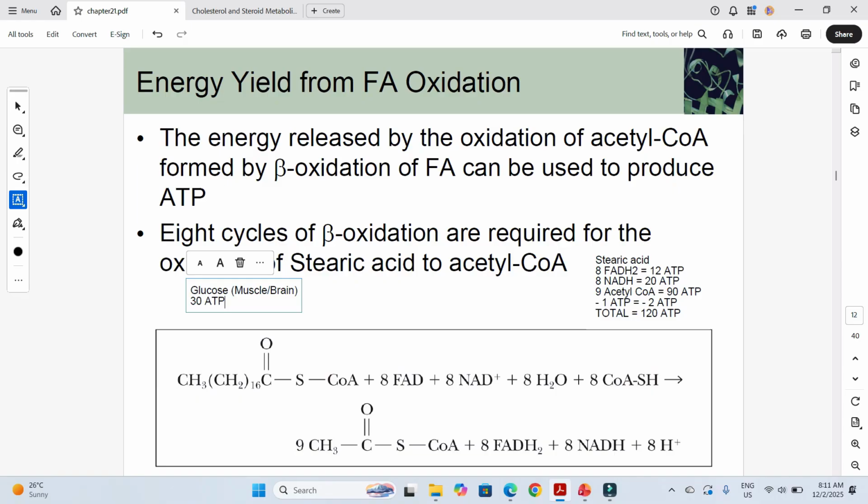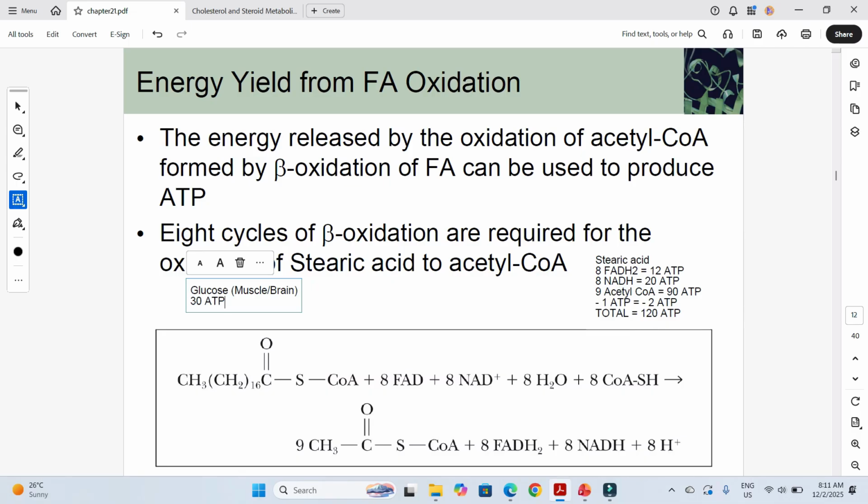And we're not including yet the amount of ATP that we can obtain from the oxidation of glycerol, because glycerol itself can be oxidized to glyceraldehyde 3-phosphate, which will then undergo glycolysis and then be transformed into acetyl-CoA, right? See that?